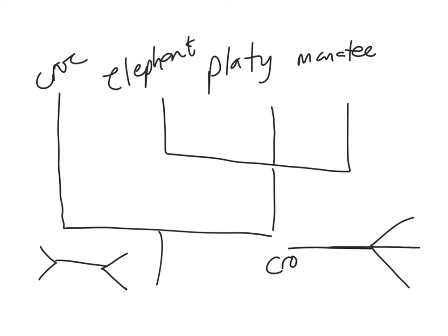So it'd be crocodiles, platypi, for example, elephants and manatees. So you'll see that that polytomy is present in both trees. Good question.